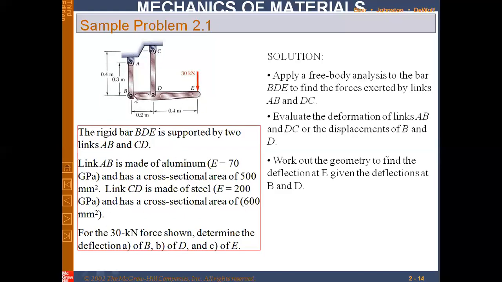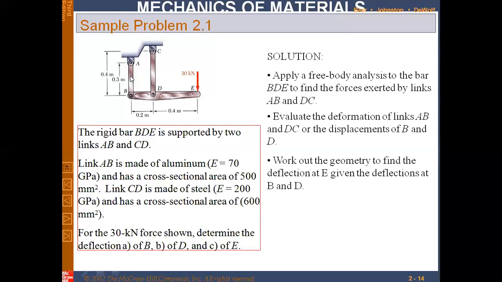So actually, let's visualize what would happen. If I'm applying a load here, we could visualize that this end would move in the downward direction, whereas this end would move in the upward direction. This end would also move; we are assuming that it would move slightly in a down direction.